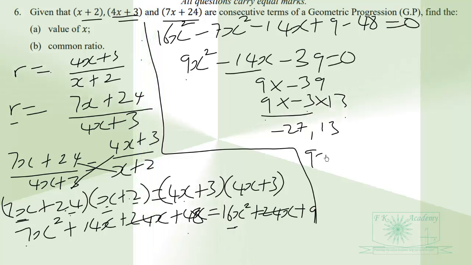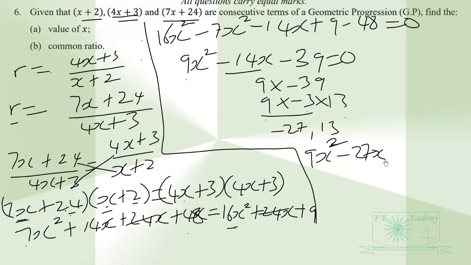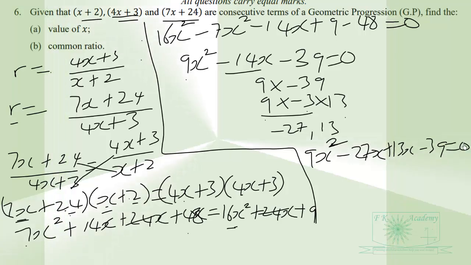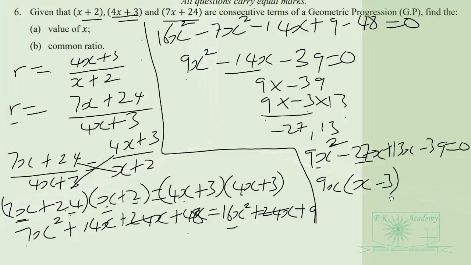So we split the middle term. We're going to get 9x squared minus 27x. Then we have plus 13x. Then we have minus 39 is equal to 0. So we have 9x common to both terms here. So we are left with x minus 3. Then we have plus 13 common to both here.